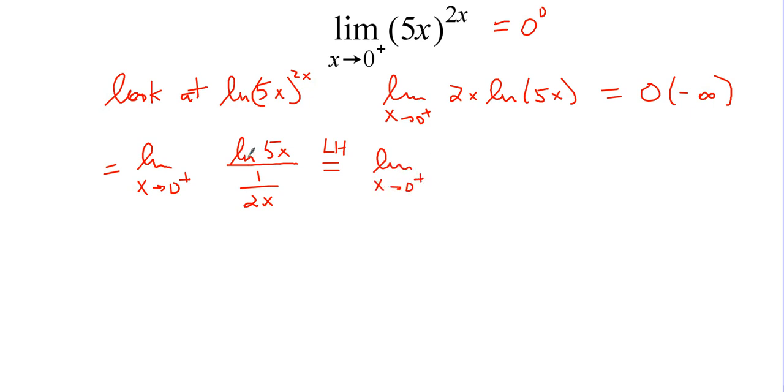So the derivative of natural log of 5x is 1 over 5x times the derivative of 5x. And we'll divide that by the derivative of 1 over 2x, which, if you use the quotient or the reciprocal rule, comes out to be negative 2 over 2x squared.